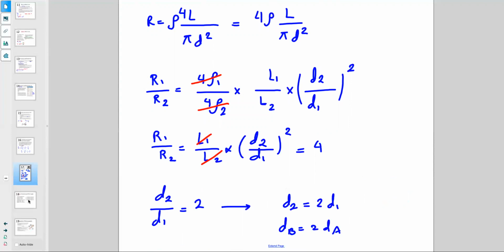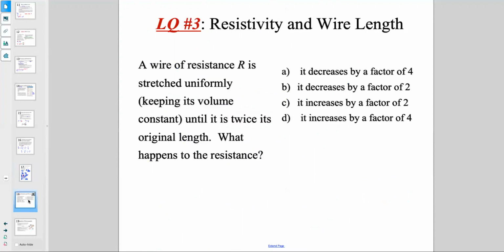So let's go to another example, resistivity and wire length. A wire of resistance R is stretched uniformly, okay? Stretched uniformly. What does it mean? It means that the volume is constant.